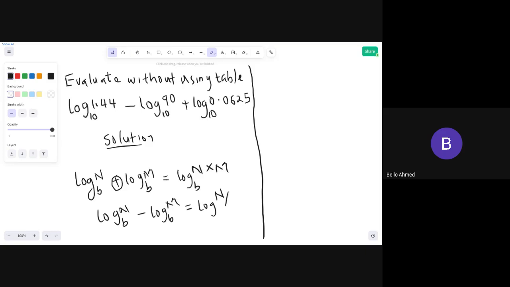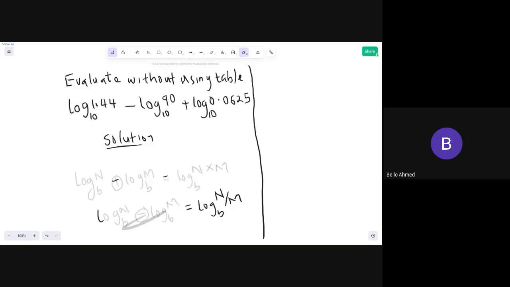This divided by is because of the minus that we have here. The minus is going to turn to division. These are the laws that we're going to first apply in this question. Please don't forget this law.